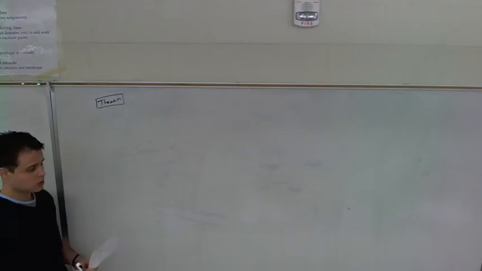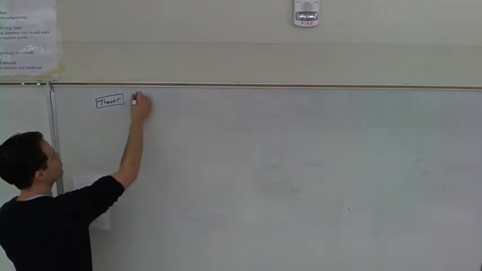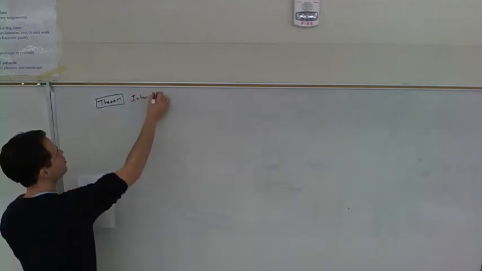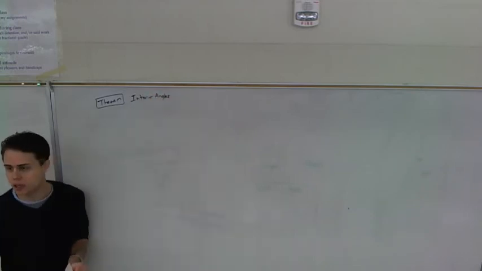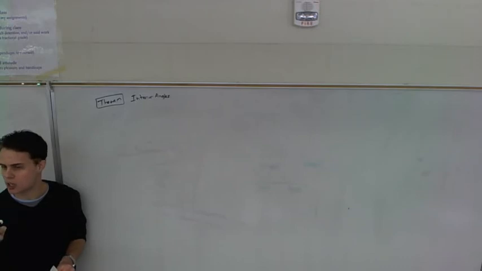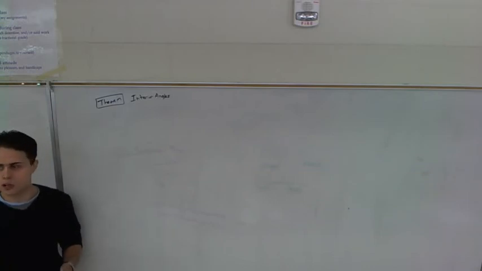This is one of the most important things you need to know coming out of this class. It's easy to forget though. So, how do you find the interior angles in a polygon? Any polygon. Inside a triangle is how many degrees? You guys all know that. 180, right? So, how many degrees are inside a quadrilateral, or a pentagon, or an octagon?